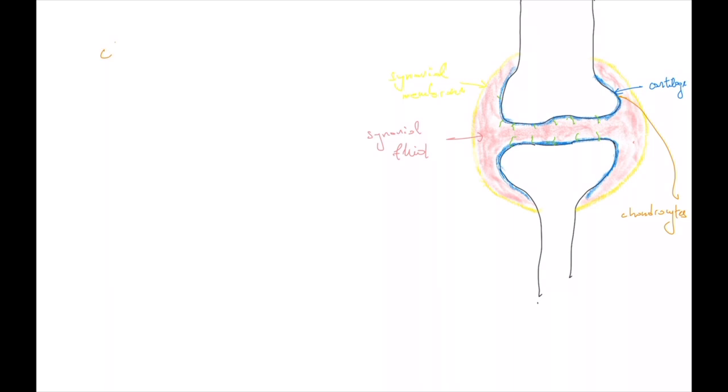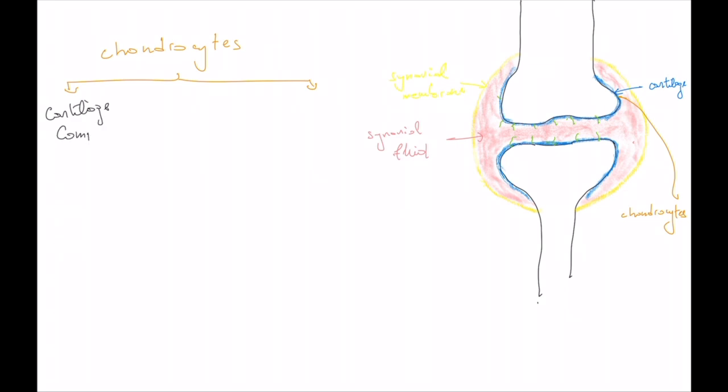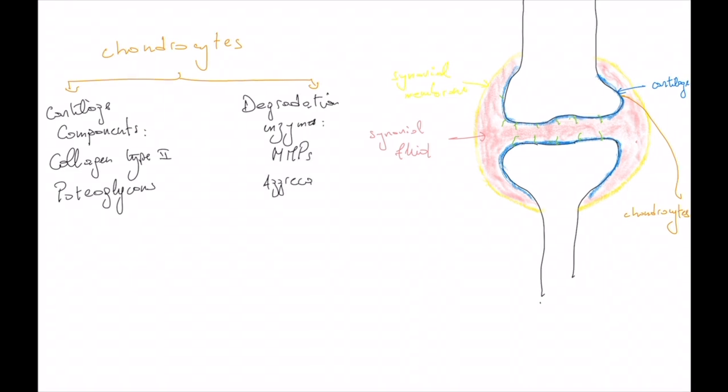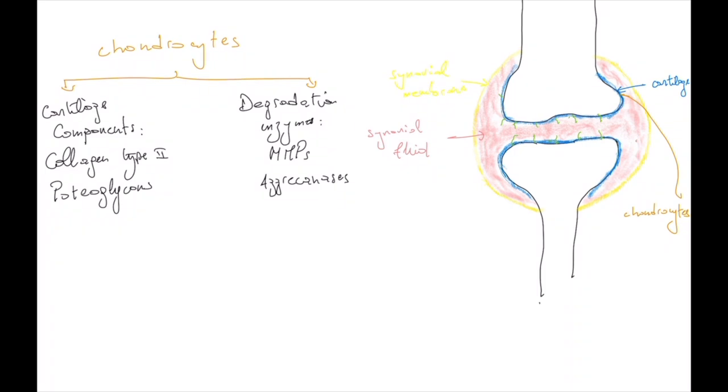These chondrocytes are incredibly important. They produce key components like proteoglycans and type 2 collagens, which help maintain and repair the tissue. Chondrocytes also release enzymes like matrix metalloproteinases that break down damaged cartilage to keep the joint healthy. This is extremely important to understand the pathophysiology of mechanical arthritis and inflammatory arthritis.